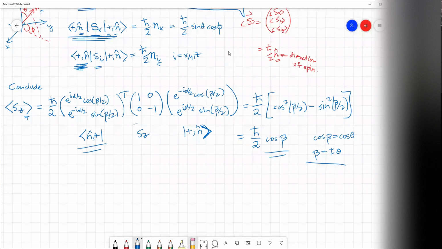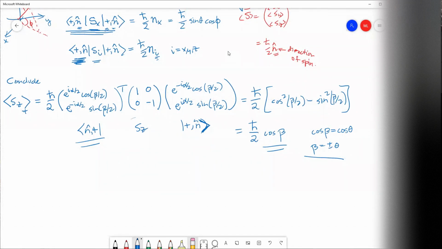To figure out what alpha is, we can look at x, for instance, or x and y. For those, theta is equal to pi over 2.